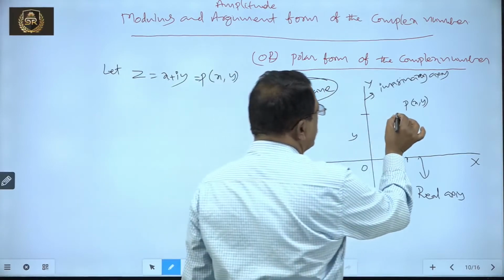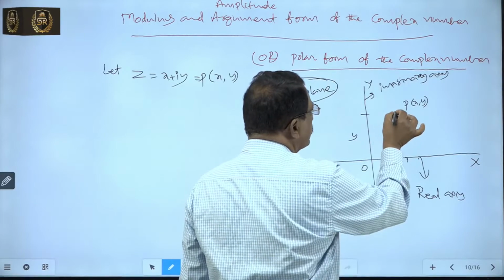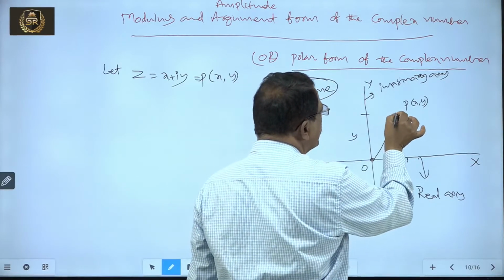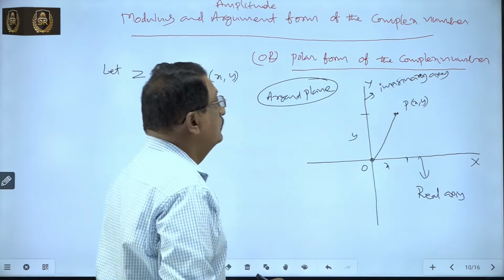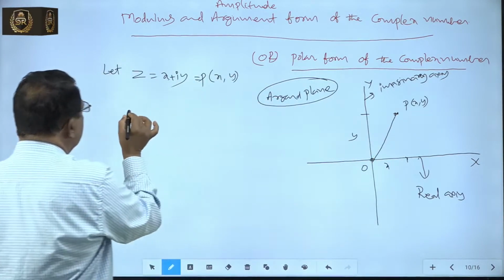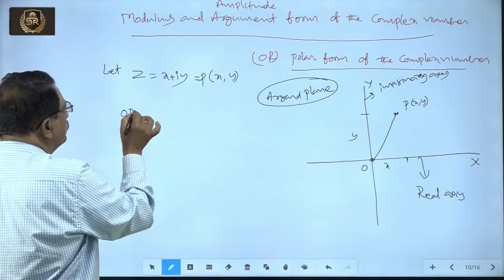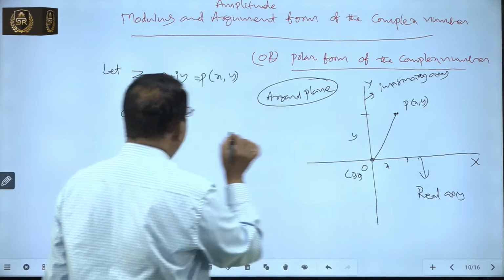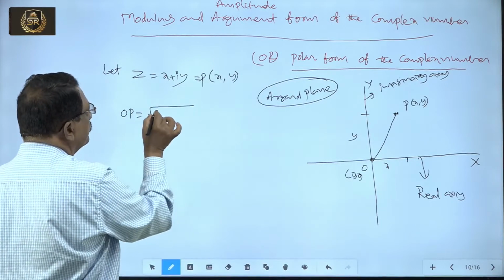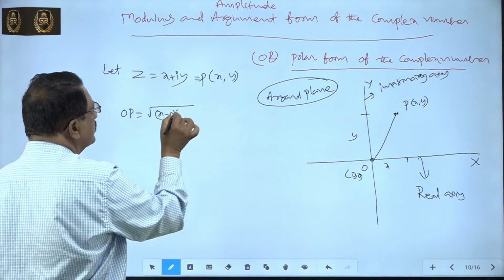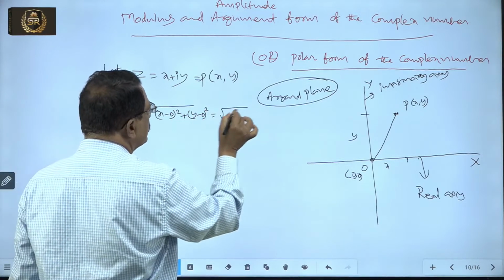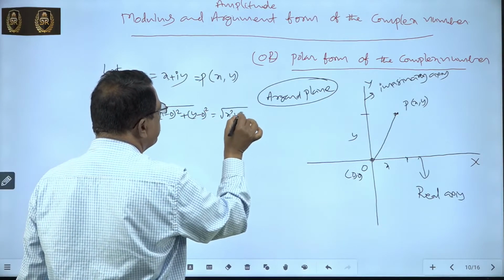Now the point P(x, y). The distance between the origin and the point P, OP, is called the modulus. OP equals the distance between the origin and the point P(x, y), that equals the square root of (x minus 0) whole square plus (y minus 0) whole square, that equals the square root of x square plus y square.